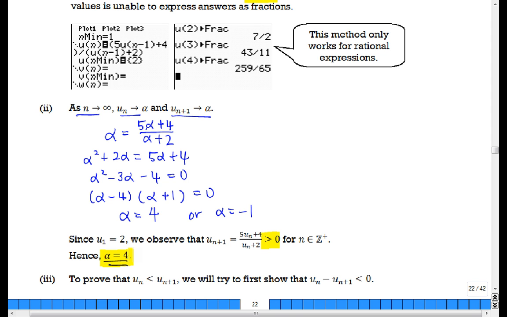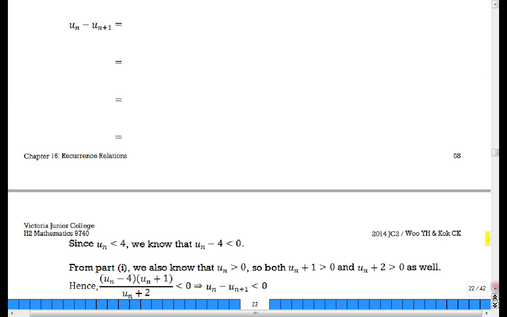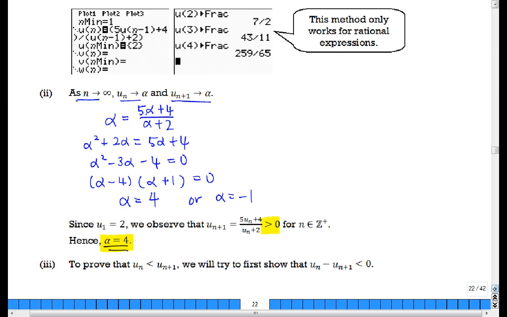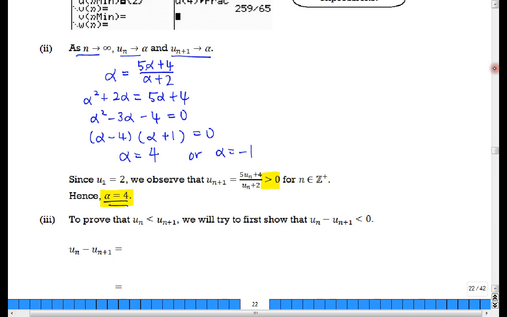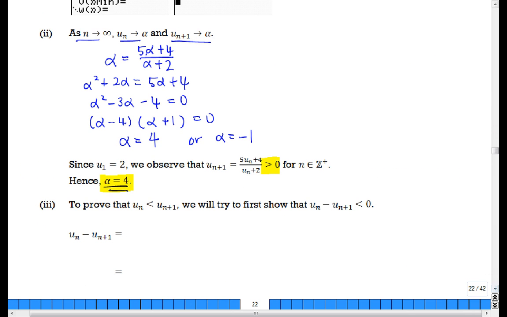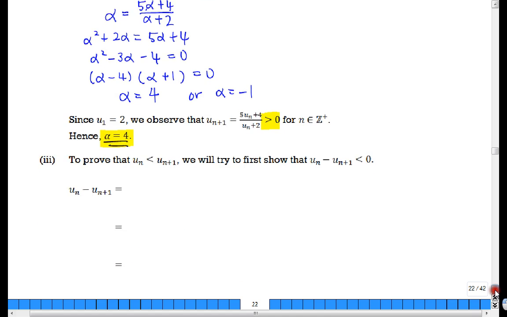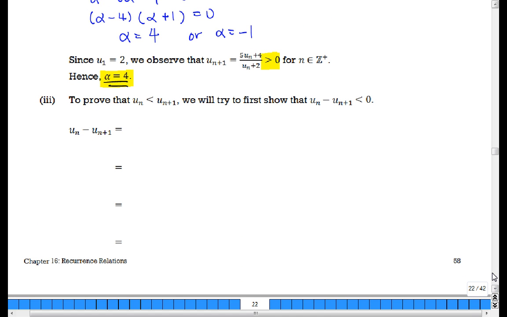Given that un is smaller than 4, show that un is smaller than un plus 1. I repeat one more time.